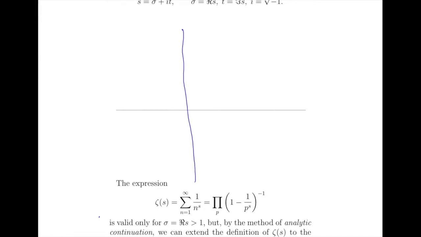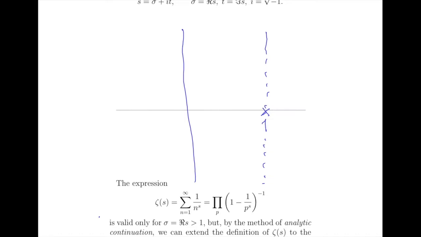Here is s equal to 1, and the zeta function was defined when s is greater than 1. Now in the complex situation, we can define the zeta function by the infinite series when the real part of s is greater than 1.